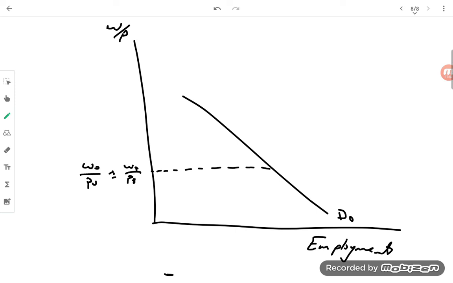In this case, we are going to assume that wages and prices are going to change by the same amount in the same direction, which means that there is no actual change or modification in the real value of wages.